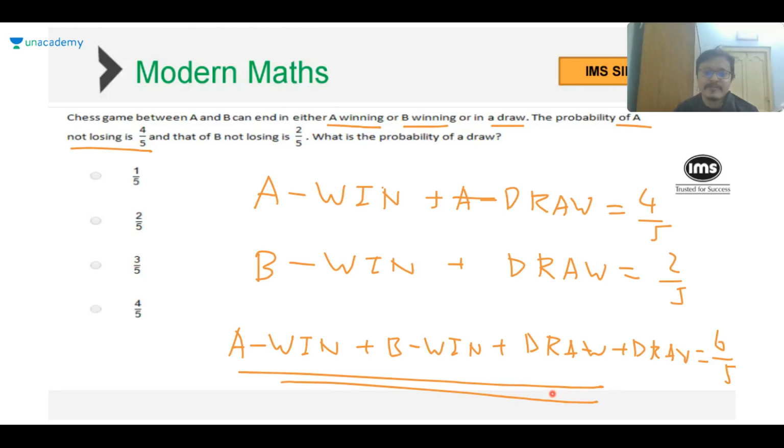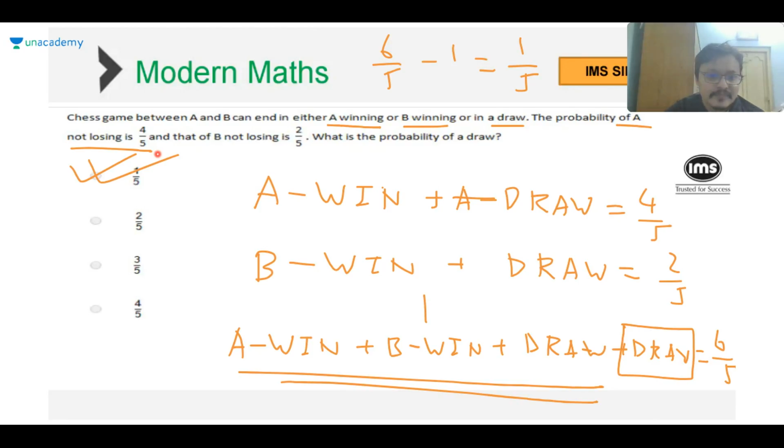That is A win plus B win plus draw. That is the complete set of possibilities, that is 1, which means the probability of a draw is 6 by 5 minus 1. So that comes out to be 1 by 5. Hence the answer is option A, that is 1 by 5.